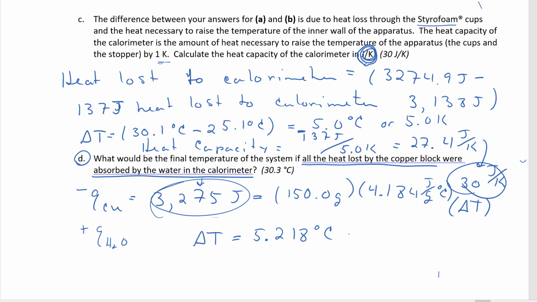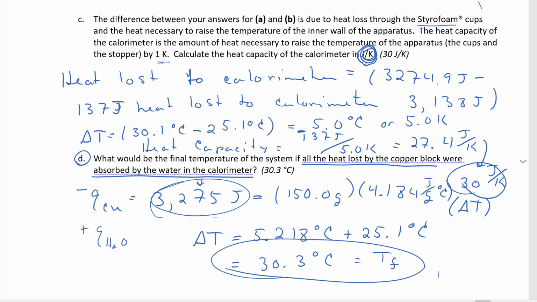And if I add that to the initial temperature, which was 25.1 degrees Celsius, I end up with a final temperature of 30.3 degrees Celsius, and that is my T final.